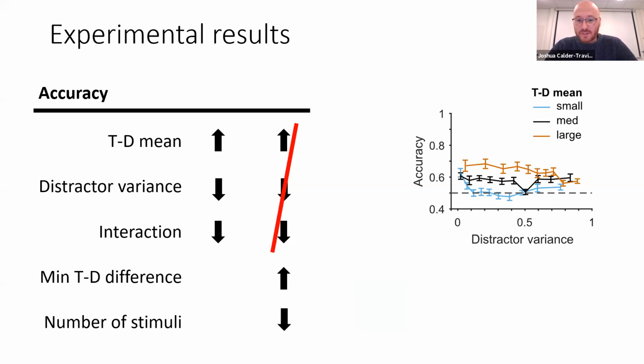Andrew has already described that minimum TD difference, target distractor difference, was possibly the most important variable. But this result suggests that maybe mean and variance aren't the key variables. For example, it could be that minimum target to distractor difference is the key causally relevant variable, and the effects of mean and variance show up because they're correlated with min TD difference.